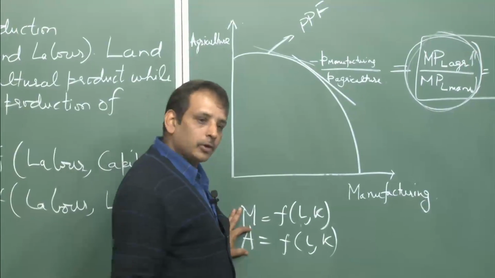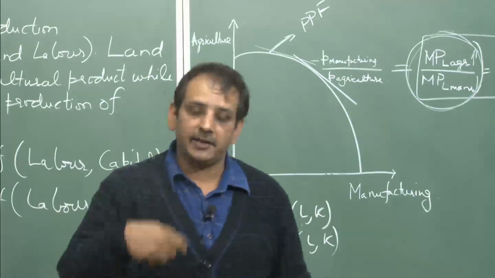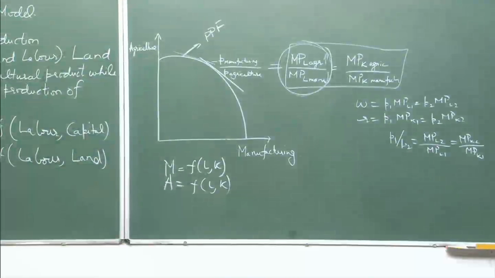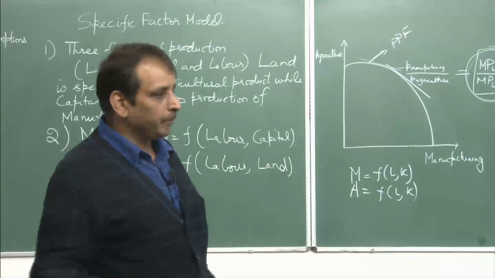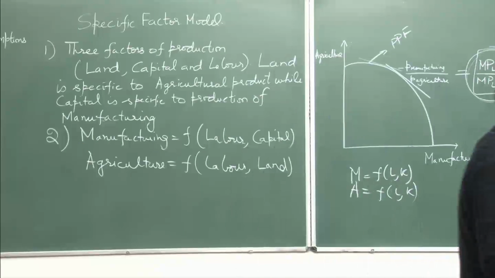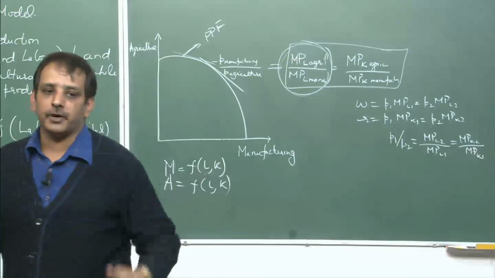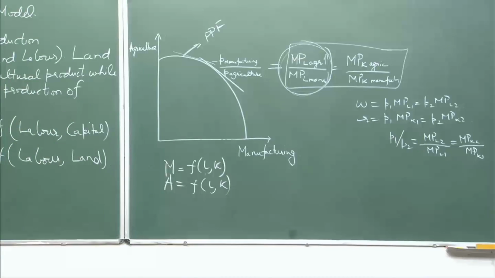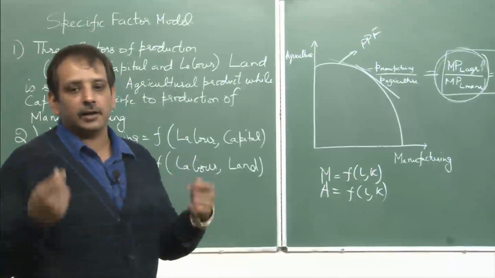Okay. You can always think of cases where agriculture is the export sector and manufacturing is the importing sector. Like in Latin America, whether you talk of Bolivia, you talk of Ecuador, they are rich in petroleum, they are rich in natural gas.